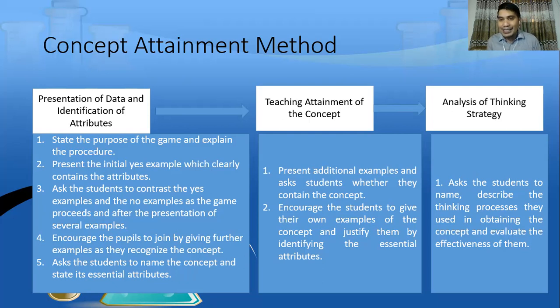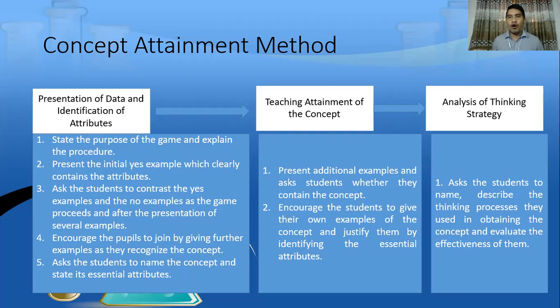And the last one here is the analysis of the thinking strategy. So in the analysis of the thinking strategy, teachers have to ask the students to name, describe the thinking processes they use in obtaining the concept and evaluate the effectiveness of them.